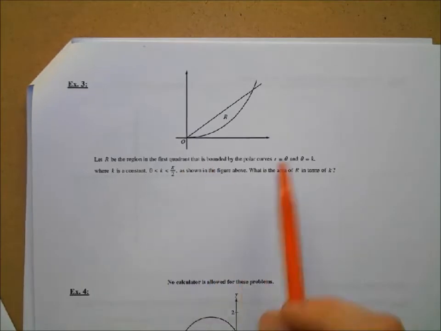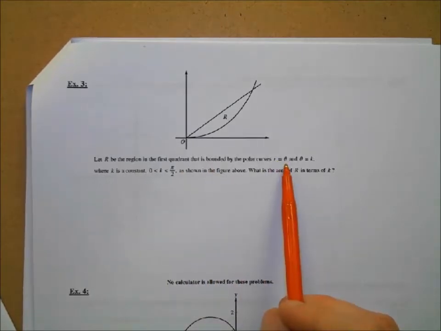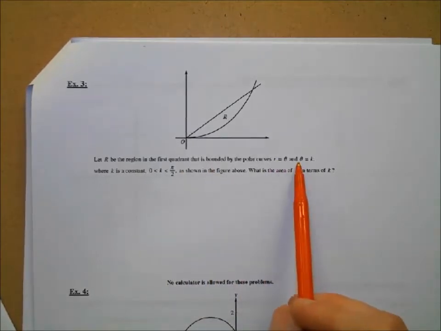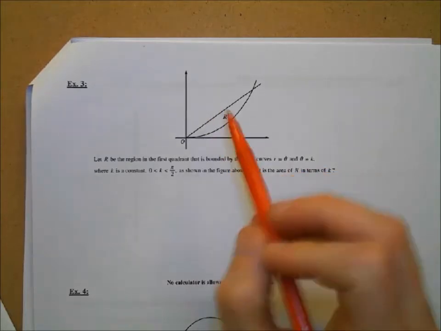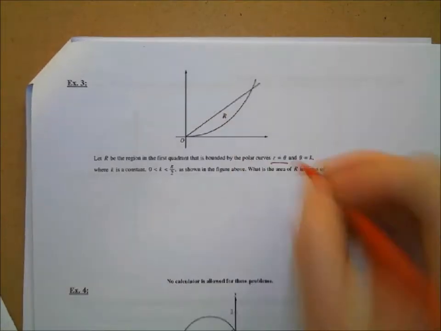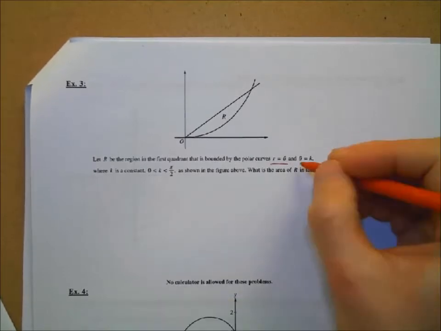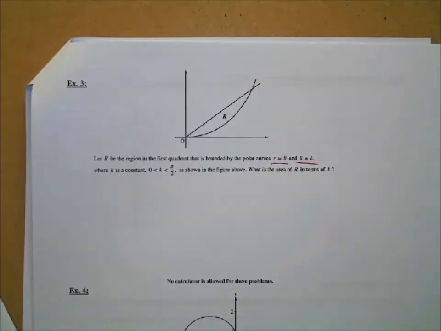The polar curves are r equals theta and theta equals k, okay, where k is a constant and 0 is less than k is less than pi over 2. Okay, so take like 30 seconds here, maybe a minute, and just identify which one of these curves is the r equals theta curve and which one is the theta equals k curve. Which one is which?